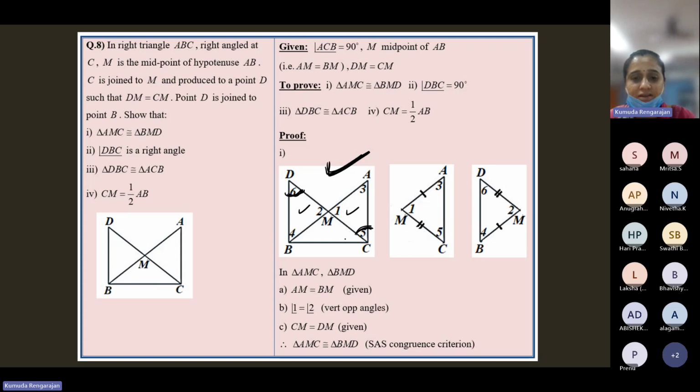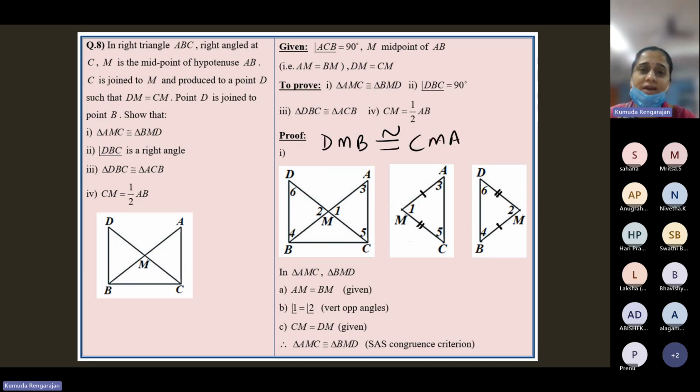It's not given that 6 is equal to 5, but we have proved that the triangles are congruent. Because they are congruent, their corresponding angles are equal. So angle 6 of this triangle will be equal to angle 5 of this triangle. Now we'll ask, how do you know 6 is equal to 5? From the way we name the triangle. See, triangle DMB is congruent to triangle CMA.